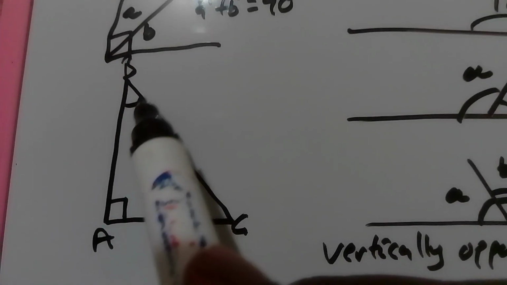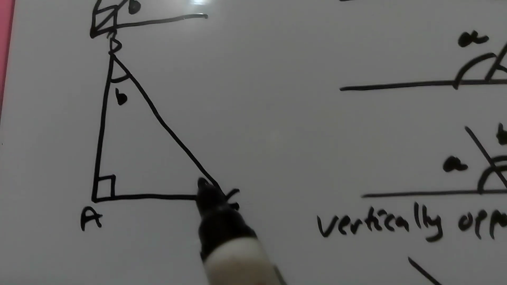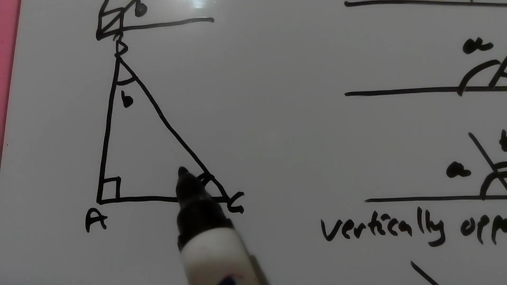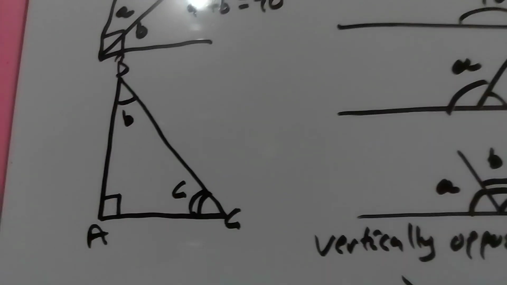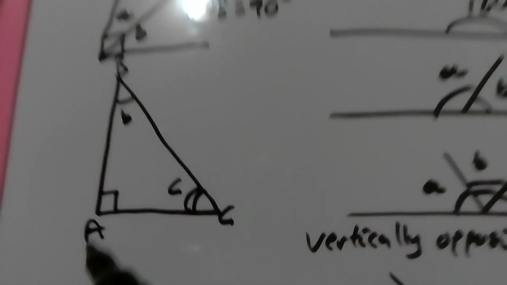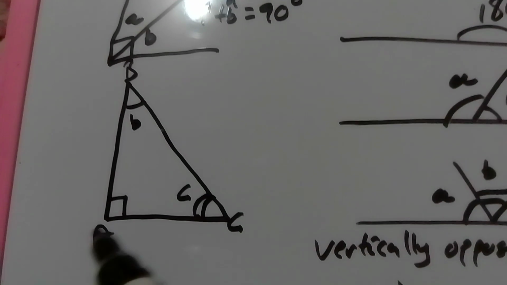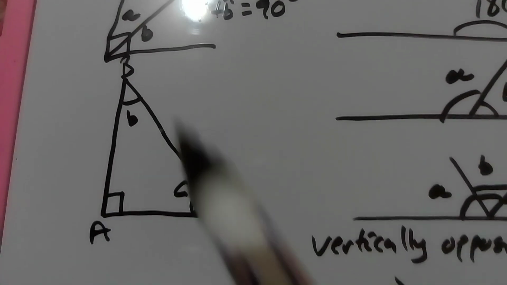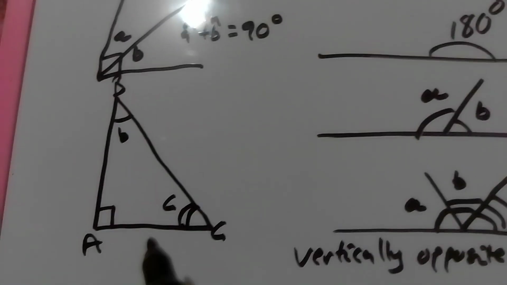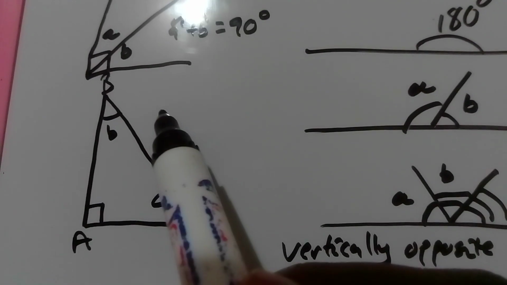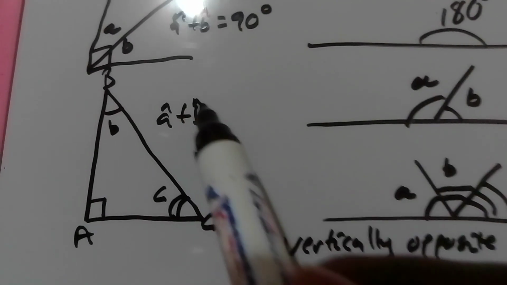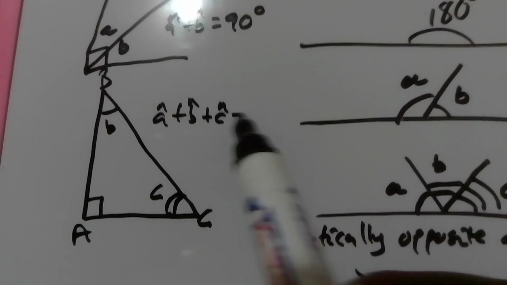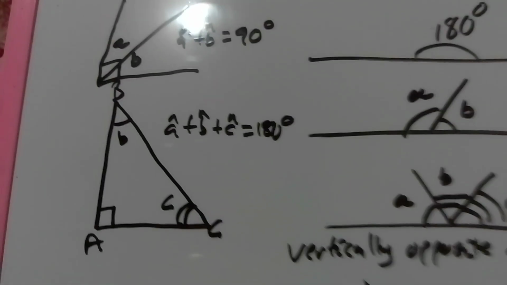Meaning to say that this angle which is here, this is angle B, and there we have got angle C. Now, remember, when you add up the sum of interior angles of a triangle, they add up to 180. Meaning to say, when you say angle A plus angle B plus angle C, they add up to 180 degrees.